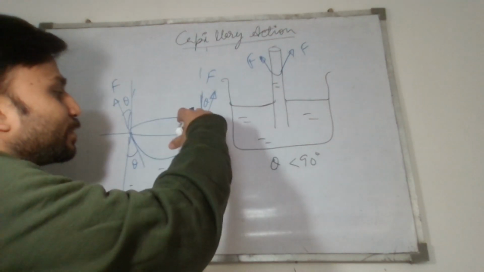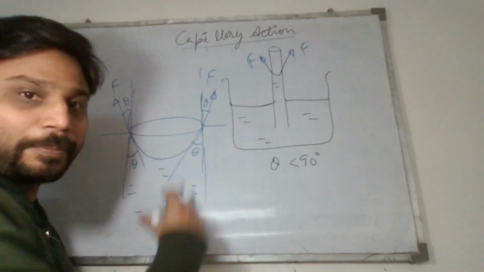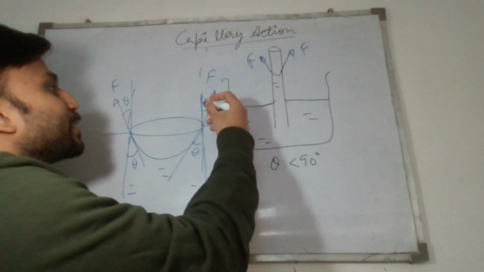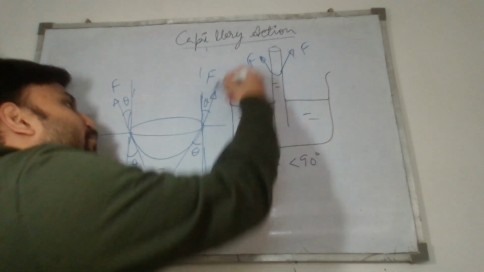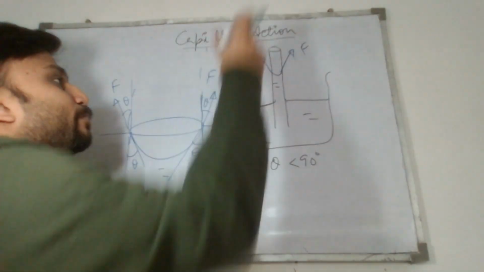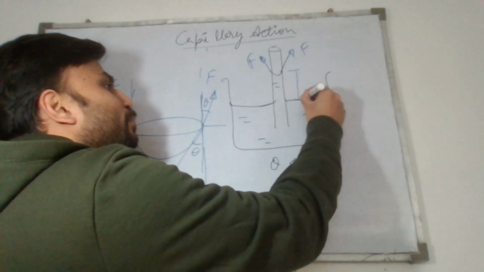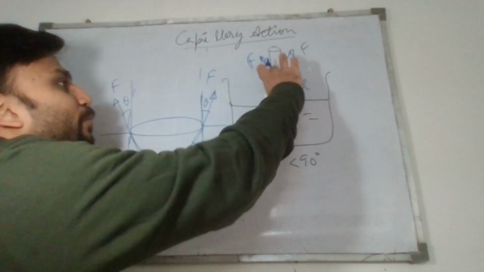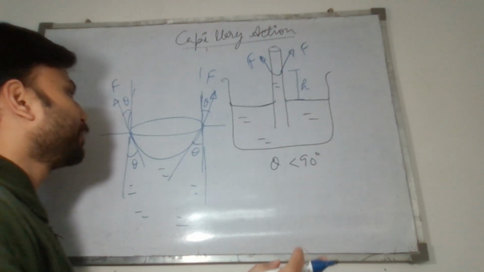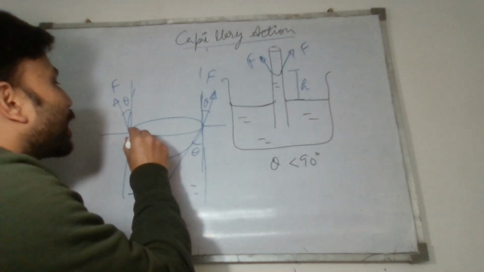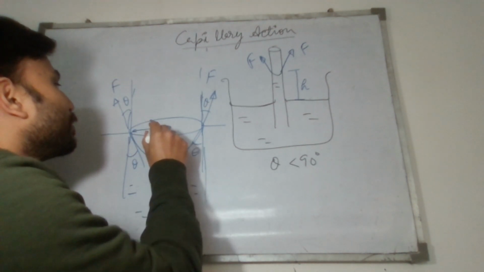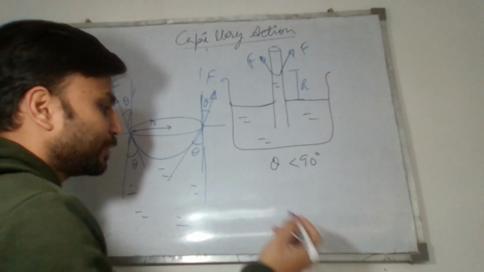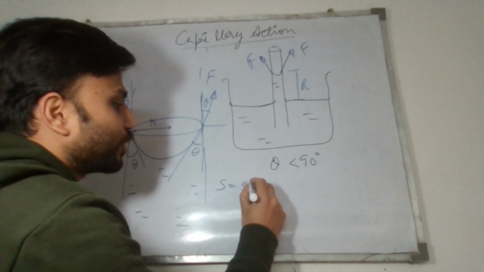The fluid inside this capillary will exert a force on the capillary in downward direction, and its reaction is exerted by the capillary on this fluid in this direction so as to pull the fluid in upward direction. So it will pull the fluid up till some height h. We can approximate to what weight of the fluid will be pulled inside the capillary. Let's say the radius of the capillary is some r. We know the surface tension. Let's say S is the surface tension.